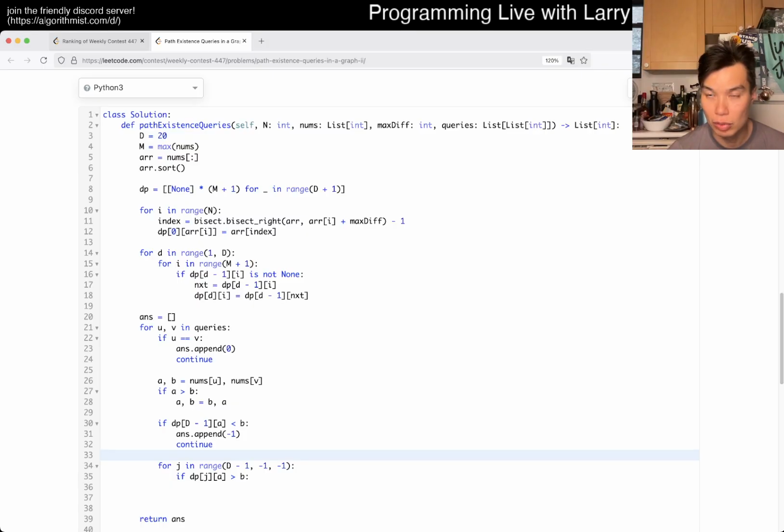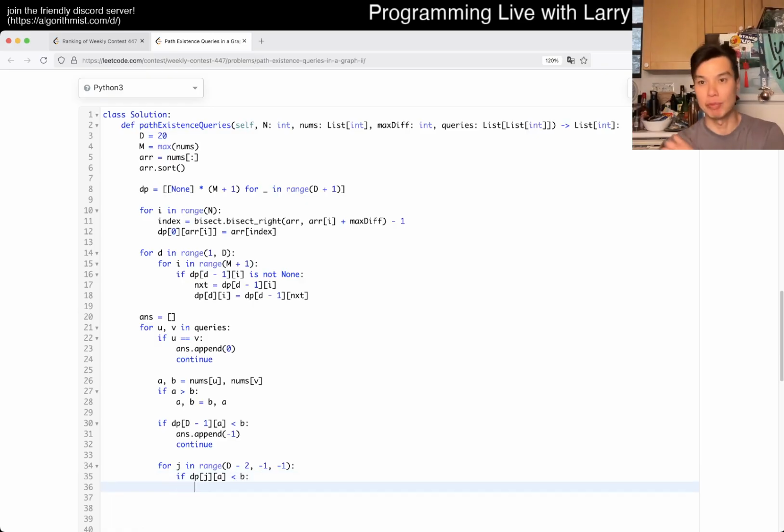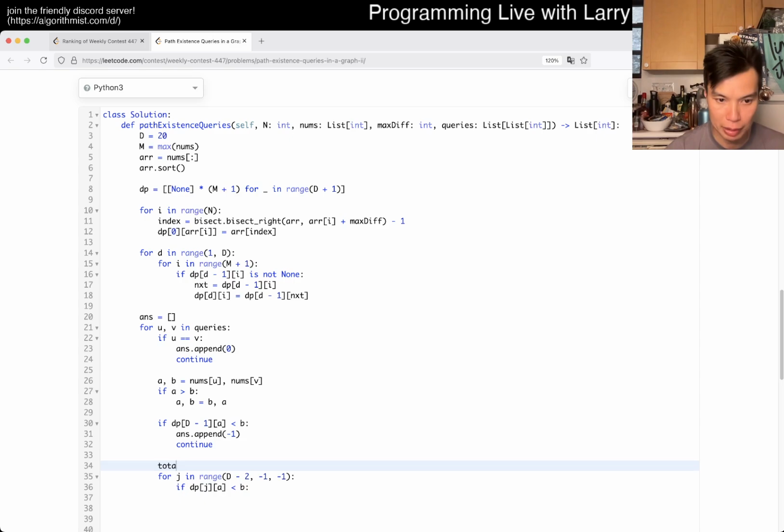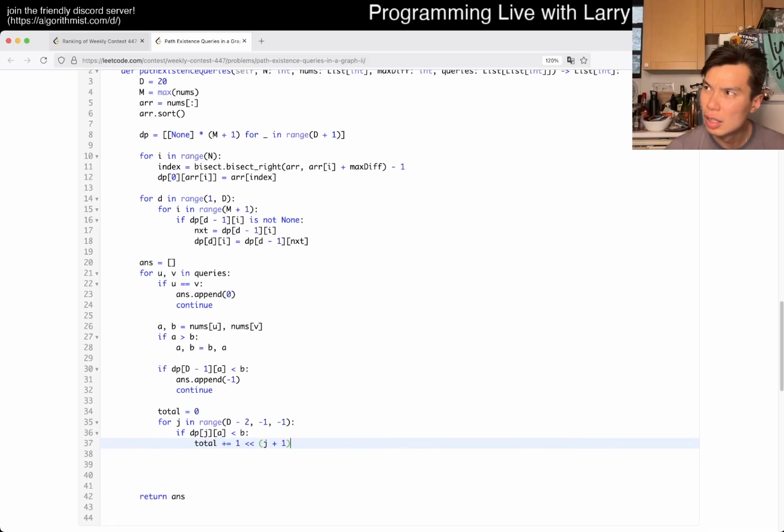So if it's possible, then we just start at d minus 2. And if this is not possible, then we have to take the j plus 1, right? So total is equal to 0 maybe, and then total plus 1 to the j plus 1.